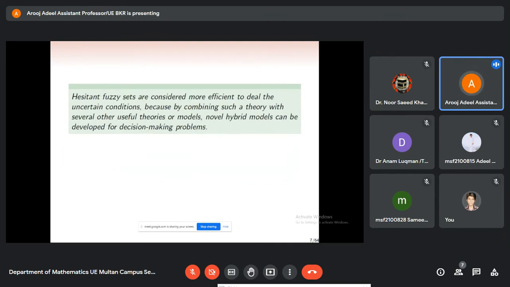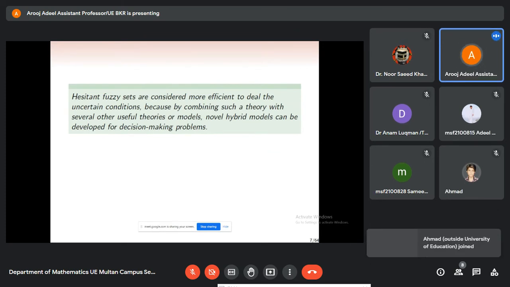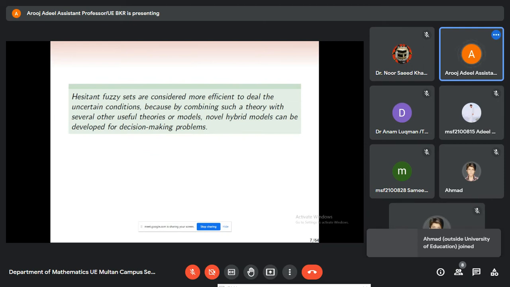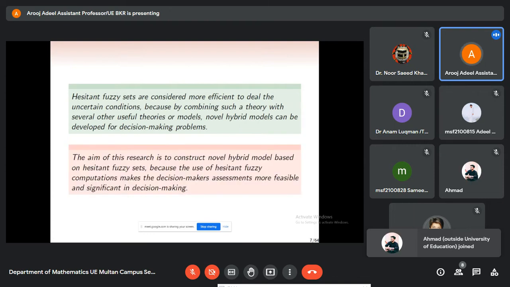Hesitant fuzzy sets are considered more efficient to deal with uncertain conditions because by combining such a theory with several other useful theories or models, novel hybrid models can be developed for decision-making problems.